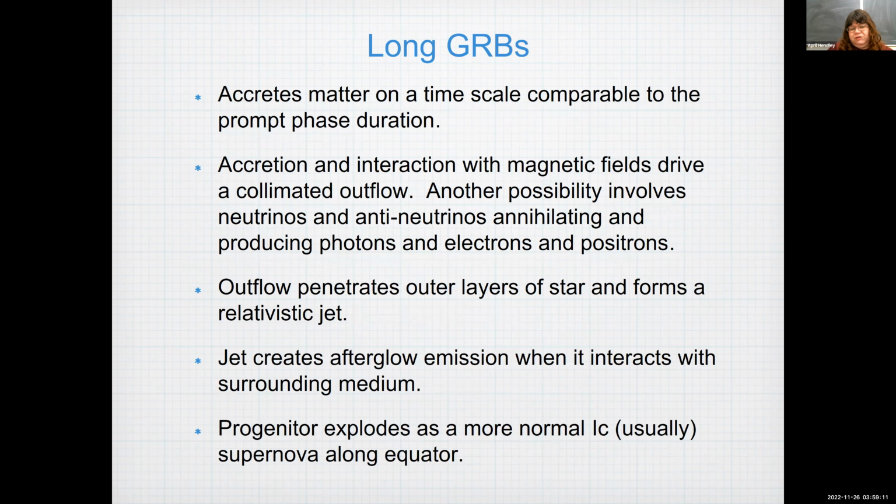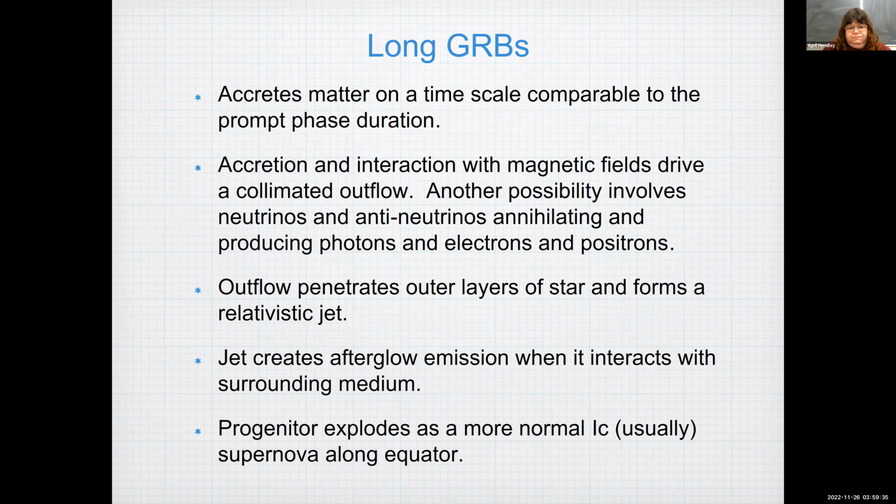And the amount of time it accretes matter at that rate is basically comparable to how long the gamma ray burst lasts. So, anyway, you have accretion, interaction with magnetic fields. You get this collimated outflow.